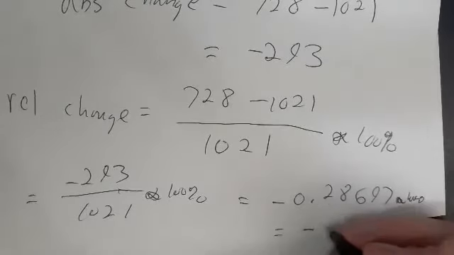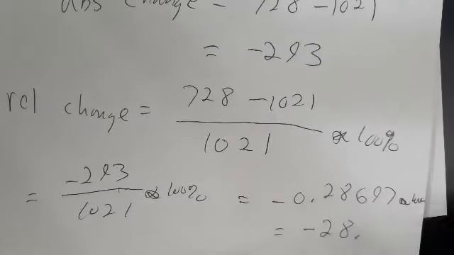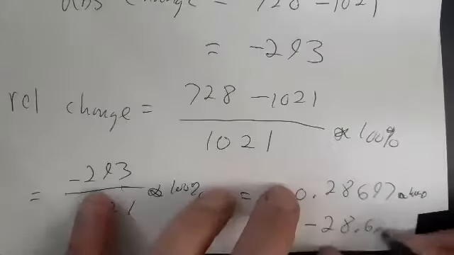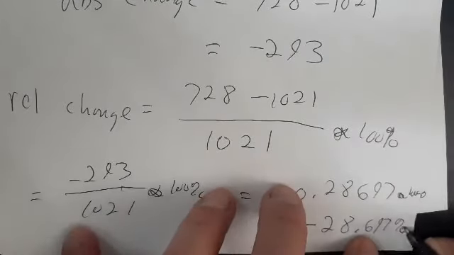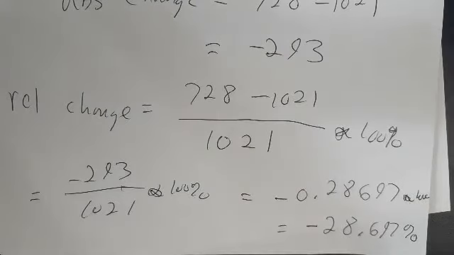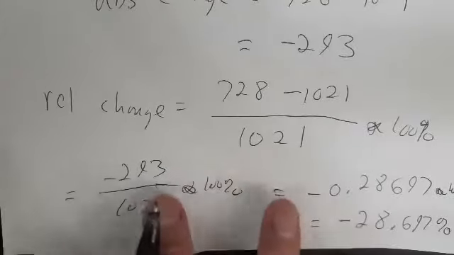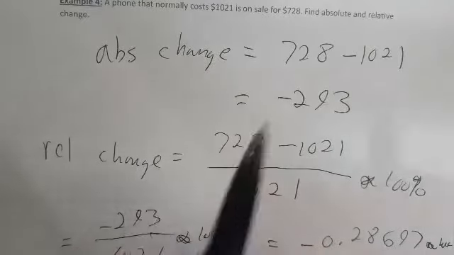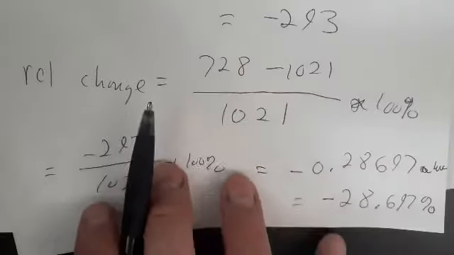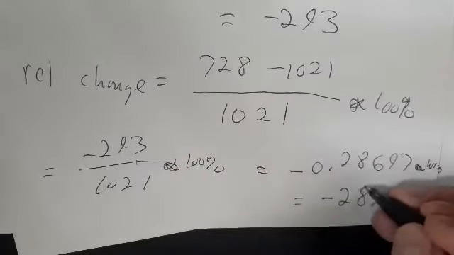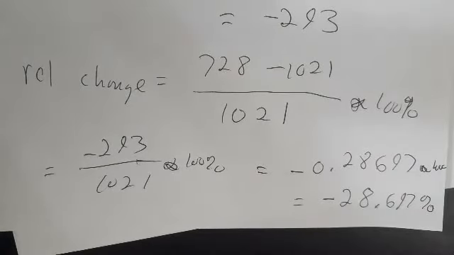So this is a negative 28.697%. Two to three decimal places is probably pretty good. So to recap, our absolute change can be negative, and if our absolute change is negative, guess what? Our relative change should also be negative.